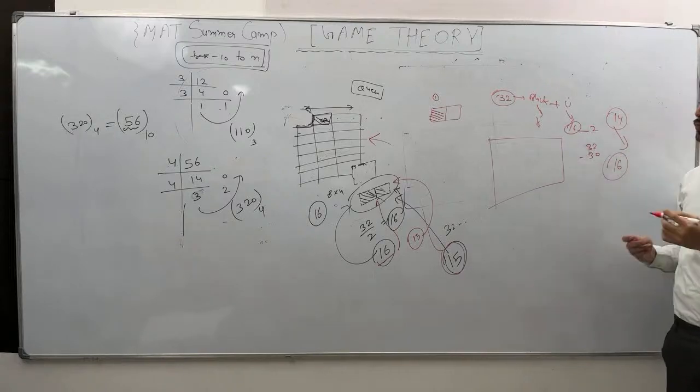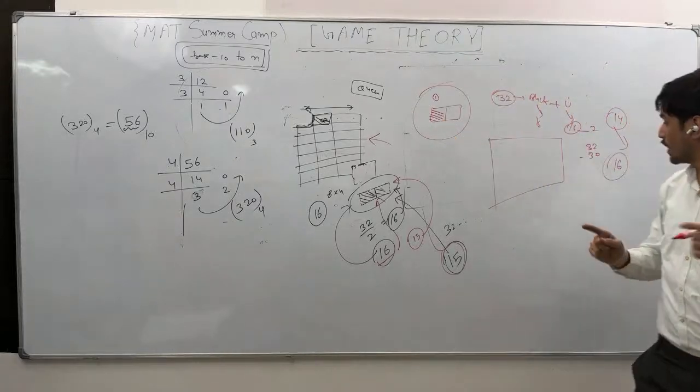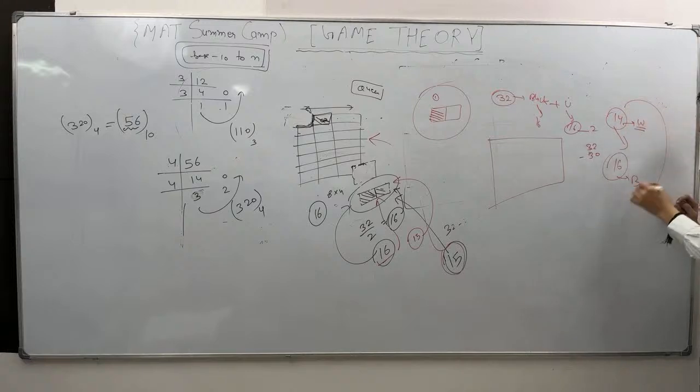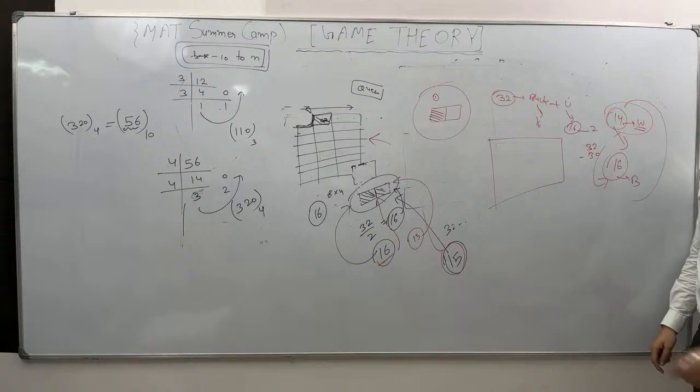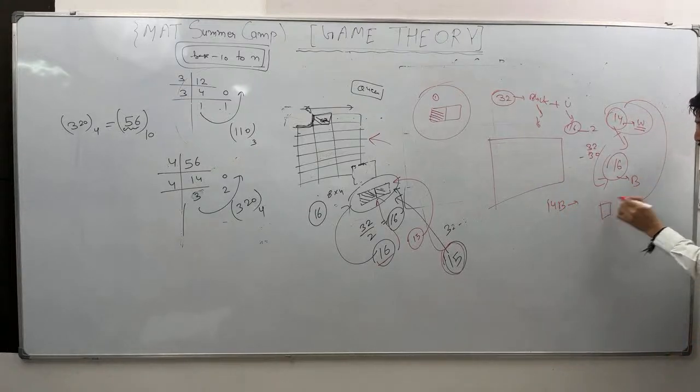So definitely I cannot put, because to put any structure I need one black square and one white square. So here I am having 16 black and 14 white. If 14 white are there, correspondingly 14 black are also there. So 14 such structures I can put.